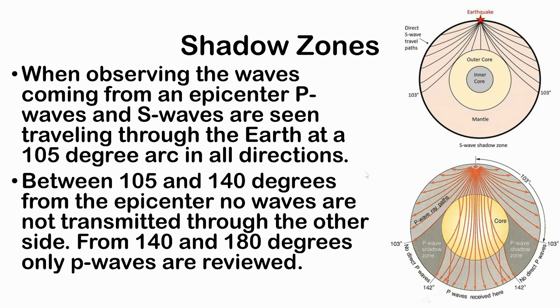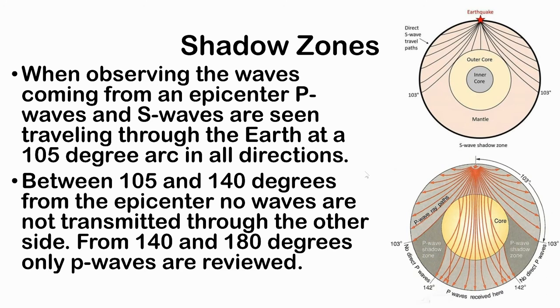When we observe the waves coming from the epicenter, the P waves and S waves travel through the Earth at a 105-degree arc in all directions. Up here, they have them as 103. Between 105 and 140 degrees from the epicenter, no waves are transmitted through to the other side, and for the most part that's because there are no P waves.